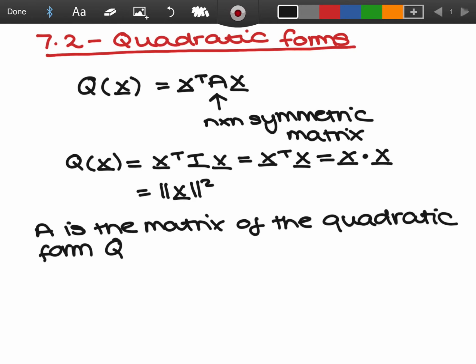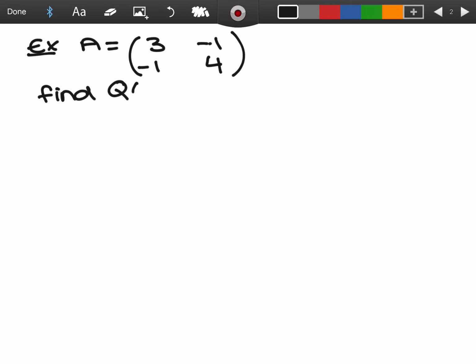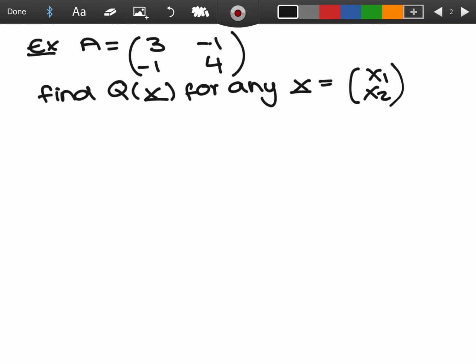An example of this, we'll do a quick example. If I take A equal to this 2 by 2 matrix, okay, and I want to find Q of x just for this general two-dimensional vector x, okay, so I want to just find what Q of x is.